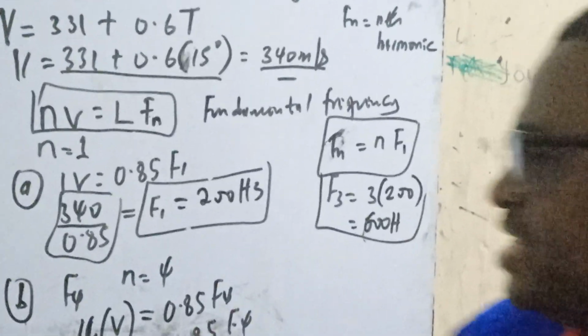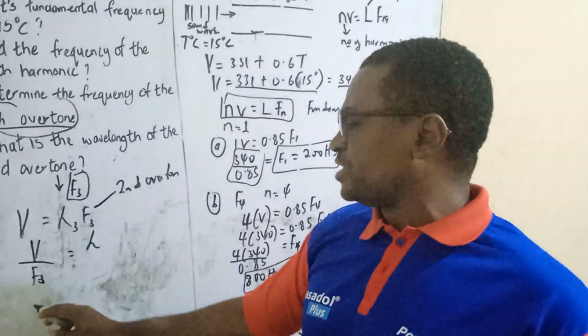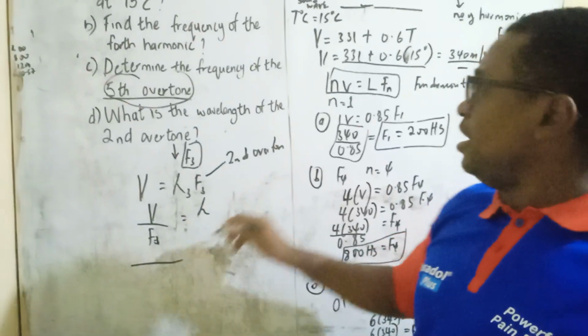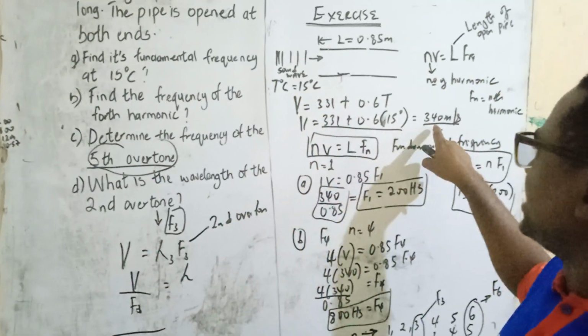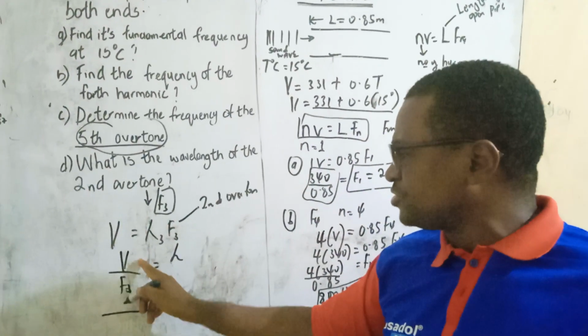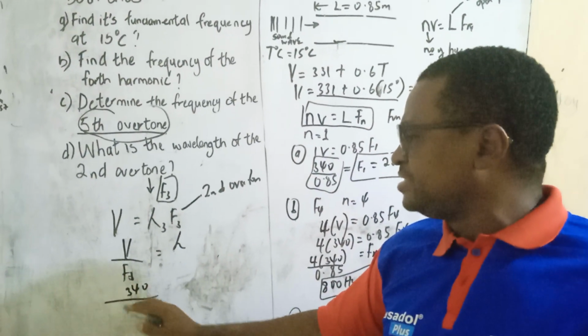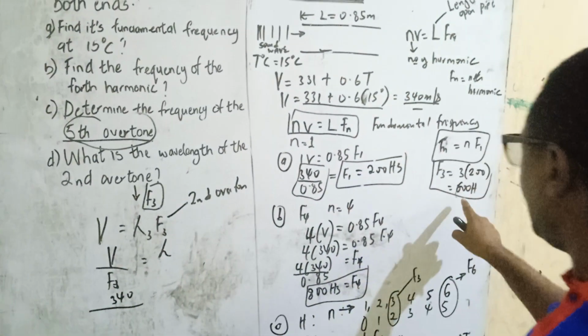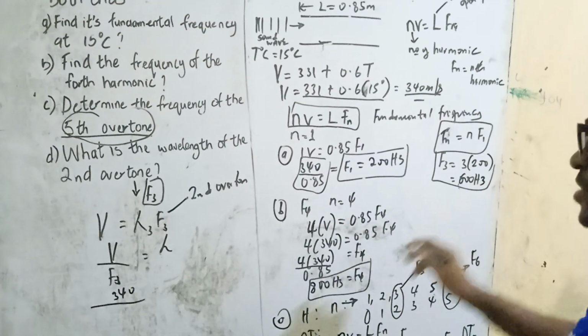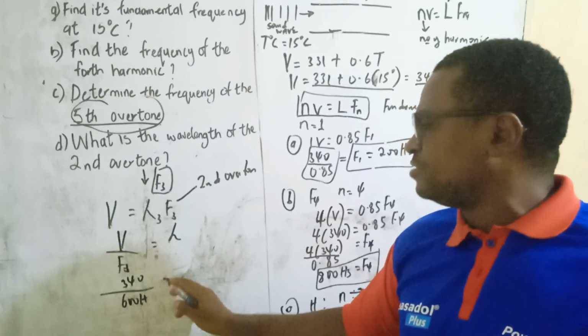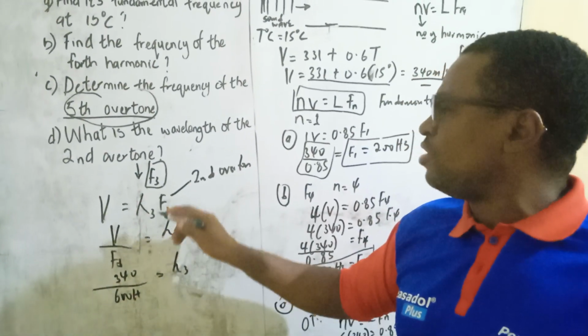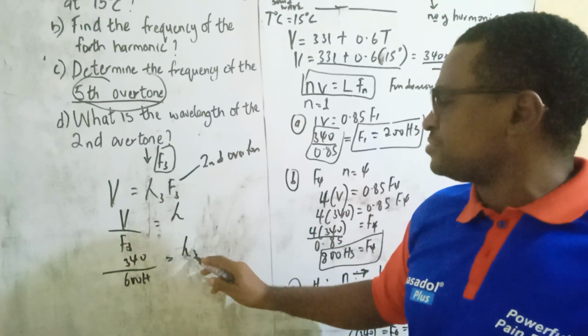So going back here now, our F3 will be 600 and the velocity at the temperature of 15 degrees Celsius that I calculated the other time is 340. So it's going to be 340 divided by F3. Our F3 is 600 Hz. So we have 340 over 600 Hz, which is the wavelength of the second overtone.